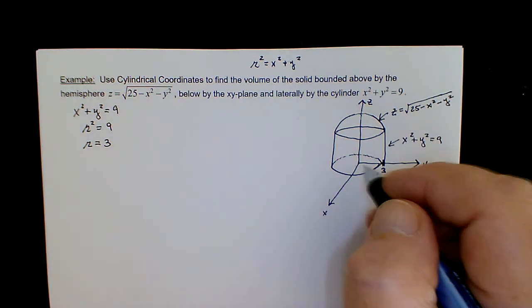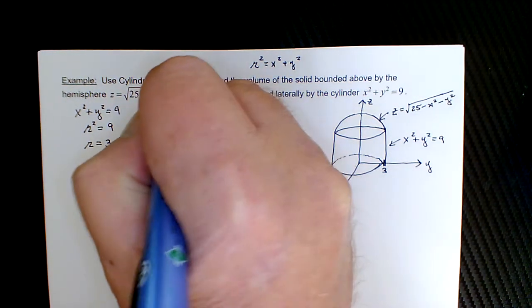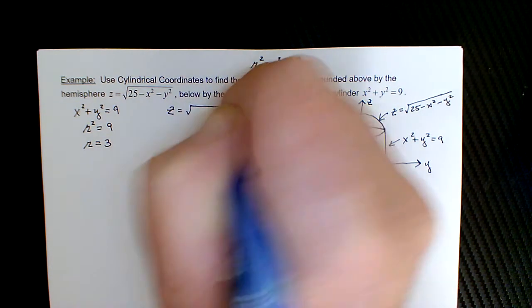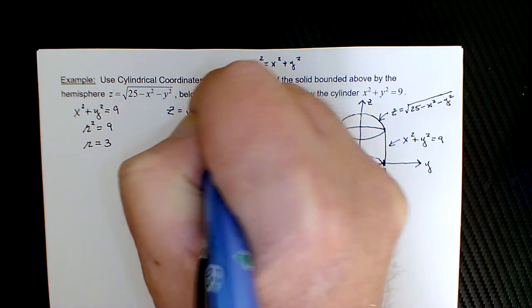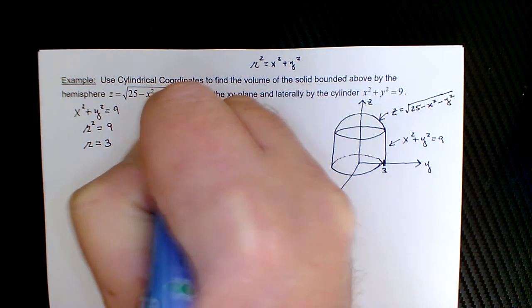So there's the radius, and then for the hemisphere, z is the square root of 25 minus x squared minus y squared.